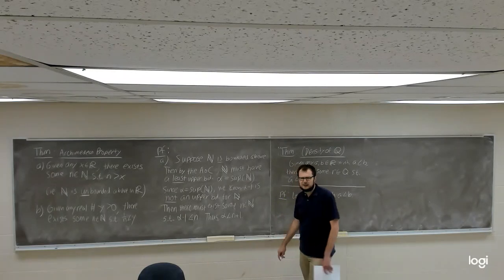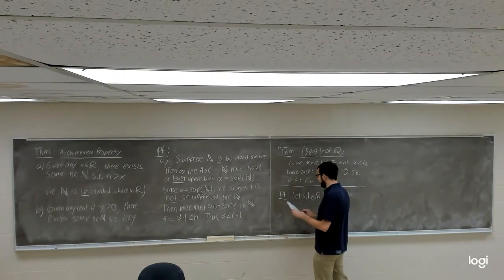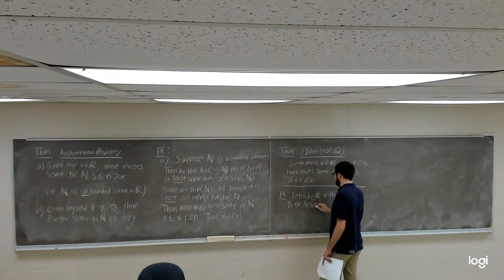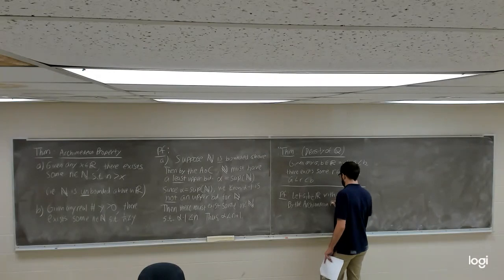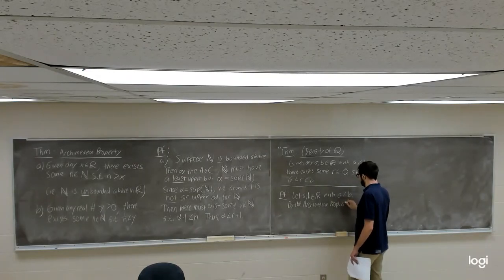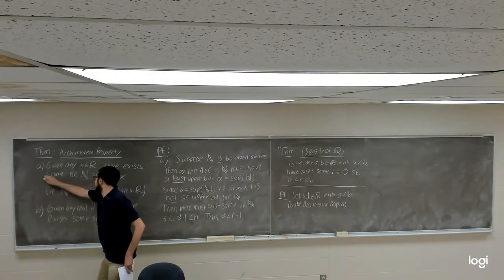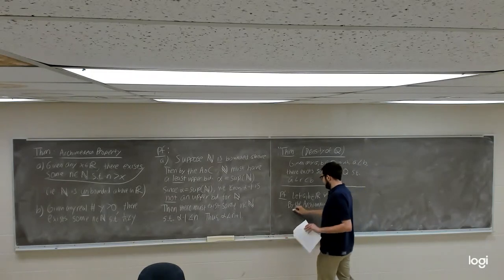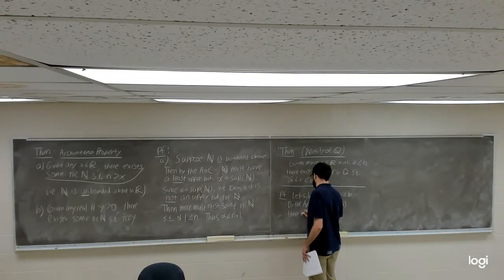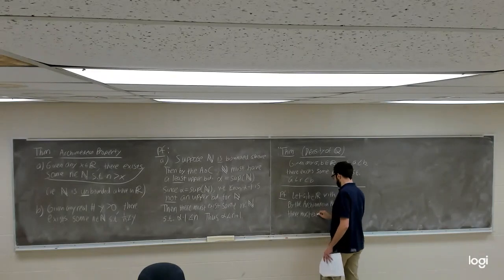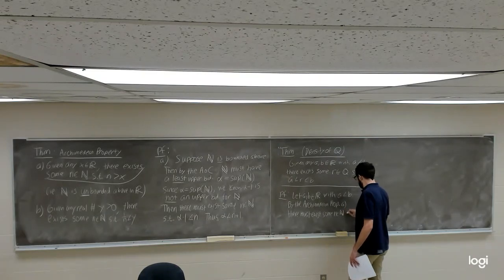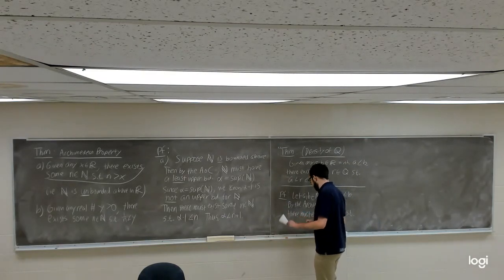I'm going to do something maybe a little bit unorthodox here, and say by the Archimedean property, part A, in other words, by this result right here, there must exist some natural number n such that 1 over n is less than b minus a.